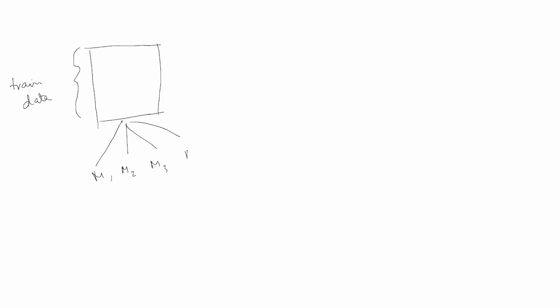Stacking was something we have slightly touched upon, while we did not talk explicitly about it. So we have the same entire training data set. This is your training data. And what you have done is train multiple models on them, M1, M2, M3, M4.